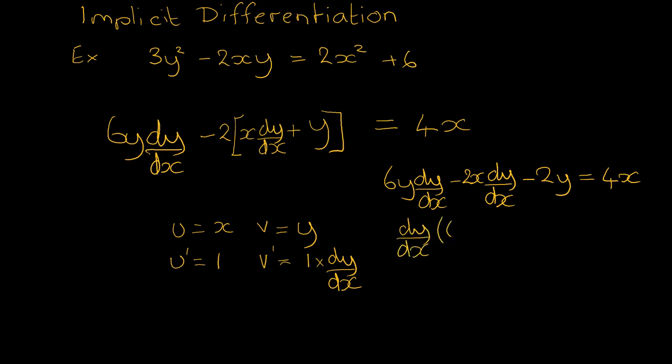So that's going to give us (6y minus 2x) in brackets, and let's move the 2y, so that's going to be 4x plus 2y, and then divide through by the bracket to get dy/dx on its own.